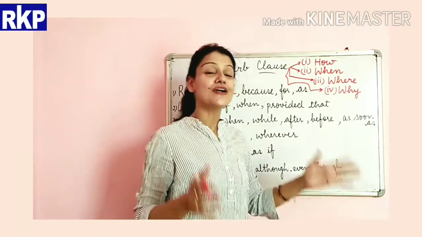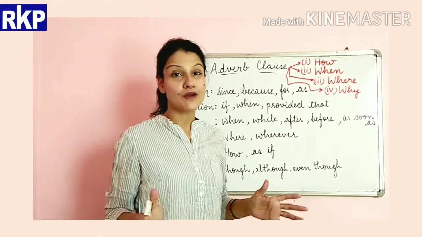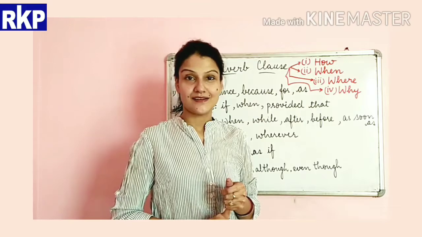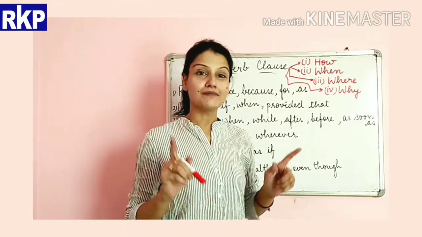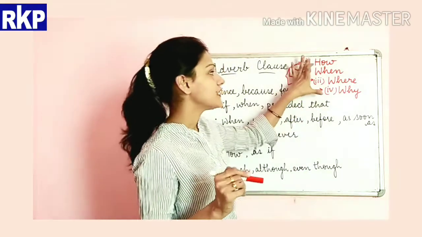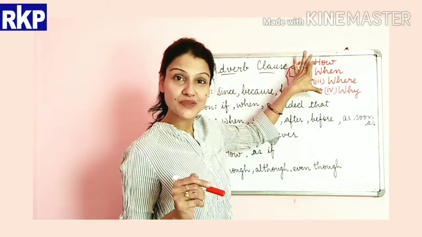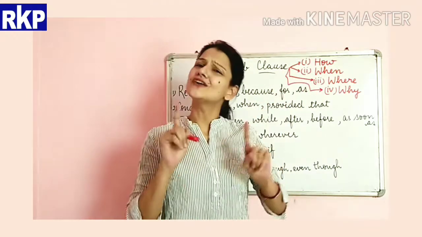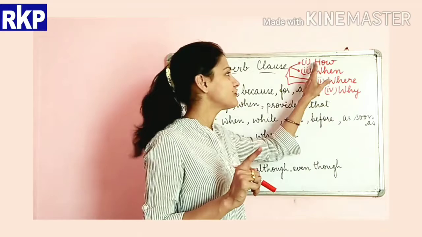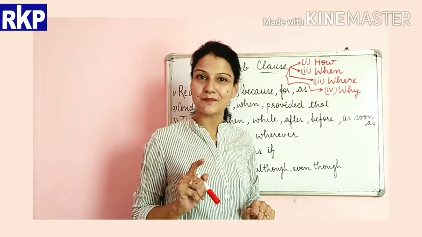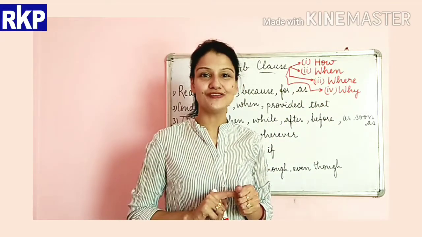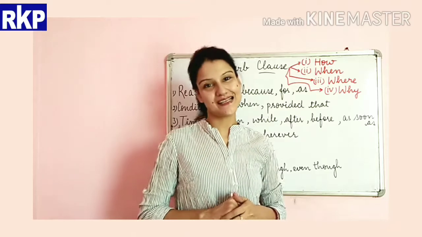To find out an adverb clause, either we have to seek the answers for these four questions, or if we do not get the answer of these four questions, we take the help of subordinating conjunction.